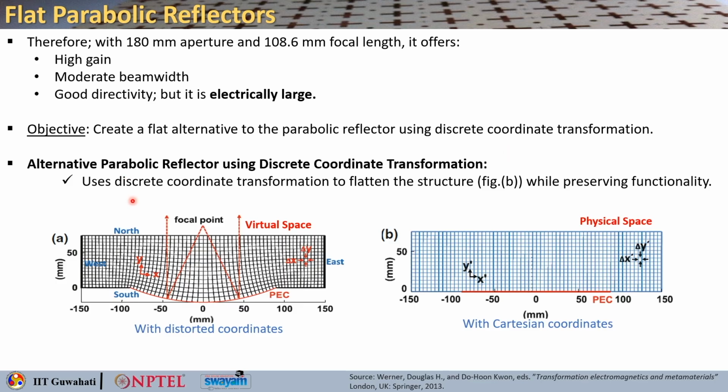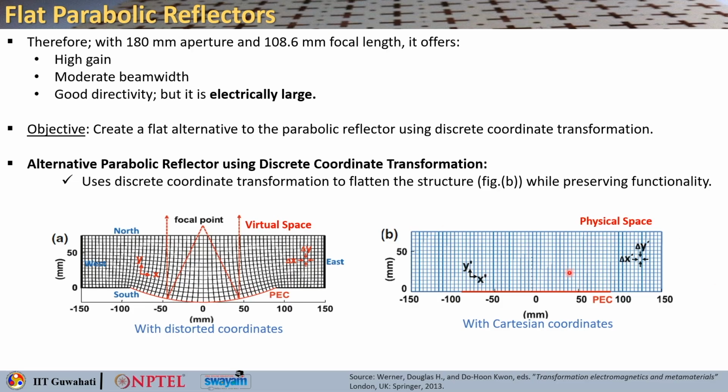So one alternative to the parabolic reflector, okay, would be to flatten out the structure, as you can see here, using discrete coordinate transformation while preserving the functionality. So here you can see the actual antenna, right. So it is the parabolic antenna or parabolic reflector that is located in free space, okay, as you can see illustrated by a curved PEC.